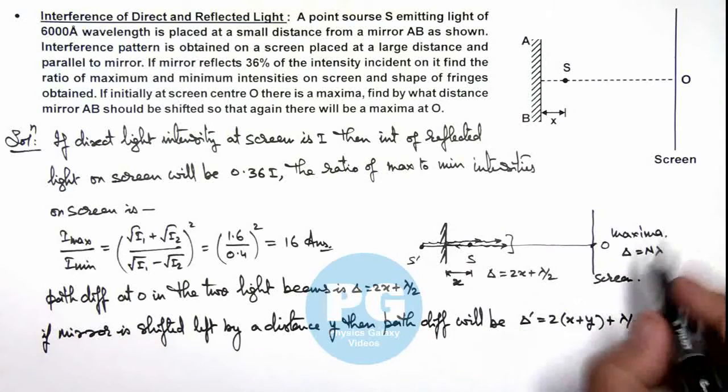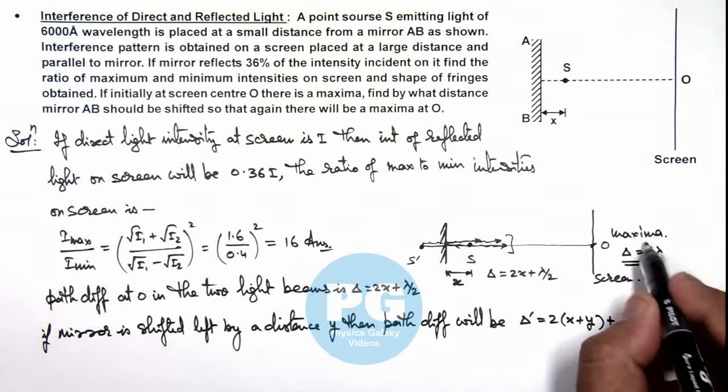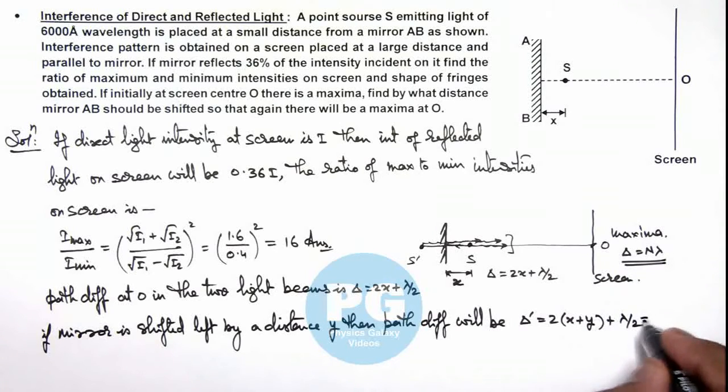And initially if the path difference is n lambda for a maxima, after shifting this path difference should become (n plus 1) lambda, as this is the next maxima which is obtained at O.